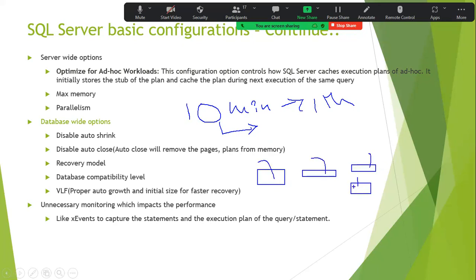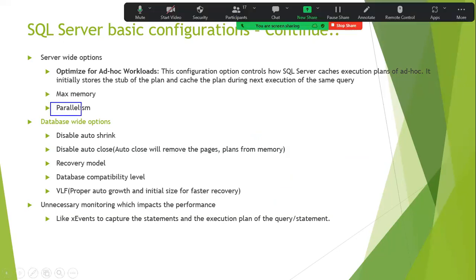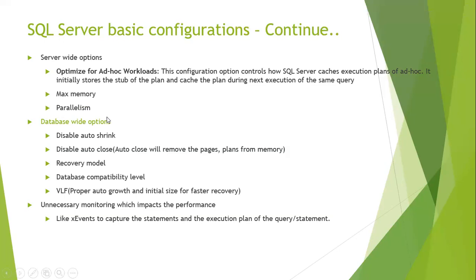If one thread is running slow, the remaining threads also have to wait for that thread to complete. That is the reason parallelism is also one of the contributors to slow execution.